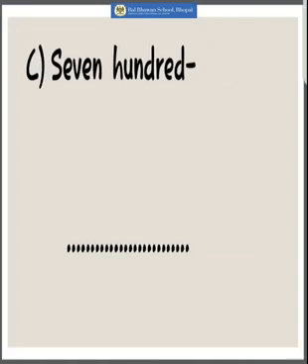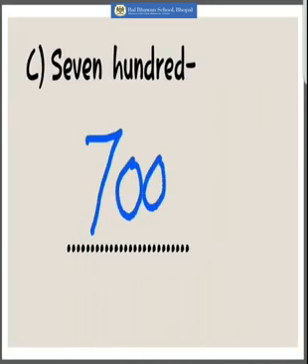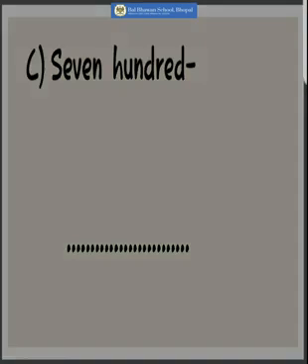So how will you write 700? 7 and 00. This is 700. So children, this way you have to write the numbers for the given number names. I hope everybody has understood how to write numbers for these number names.